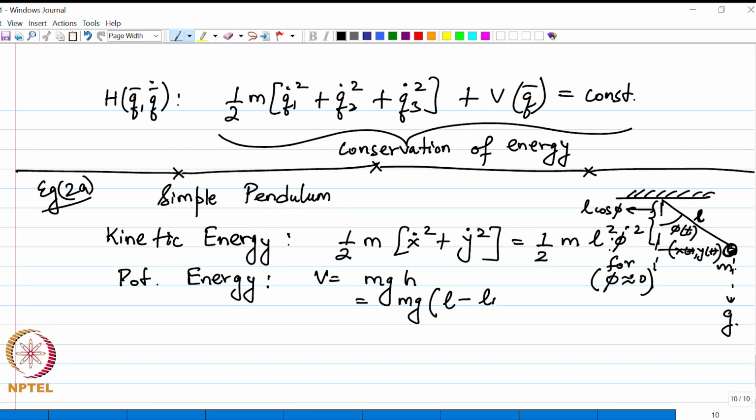So, this is L minus L cos phi. So, this is how much the ball is above the ground, so V is also equal to mgL (1 minus cos phi).